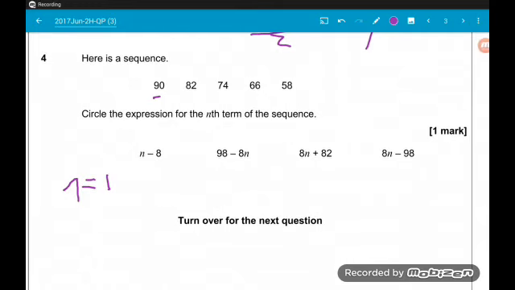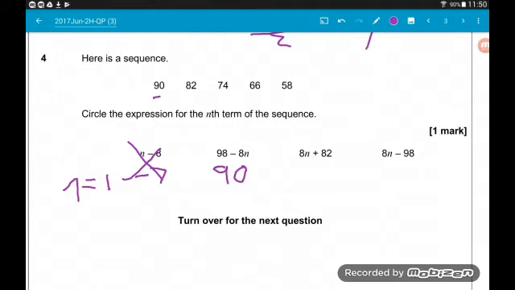So n minus 8 would be 1 minus 8. That's minus 7, so that's definitely not it. 98 minus 8 times 1 is 98 minus 8, which gives us 90. So that's a contender.